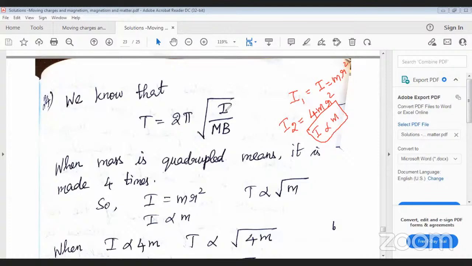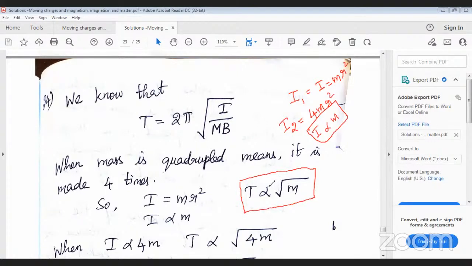So initially you have time period T, and in the second case the moment of inertia should be directly proportional to 4m. Here the time period is proportional to root I. In the first case, the time period is proportional to root I, and I is proportional to m, so it is root m.